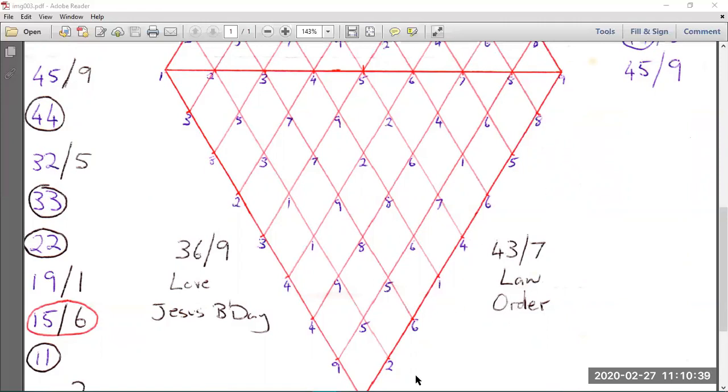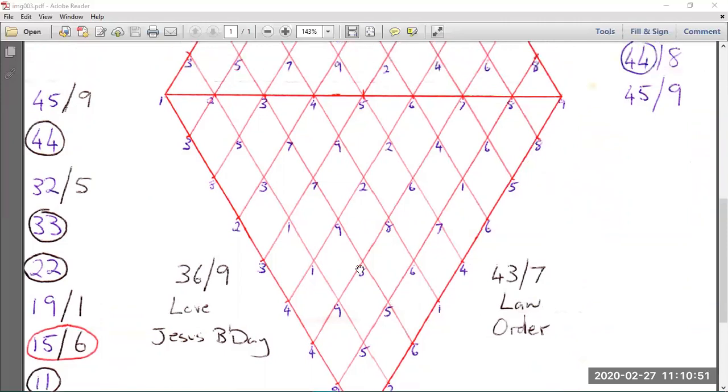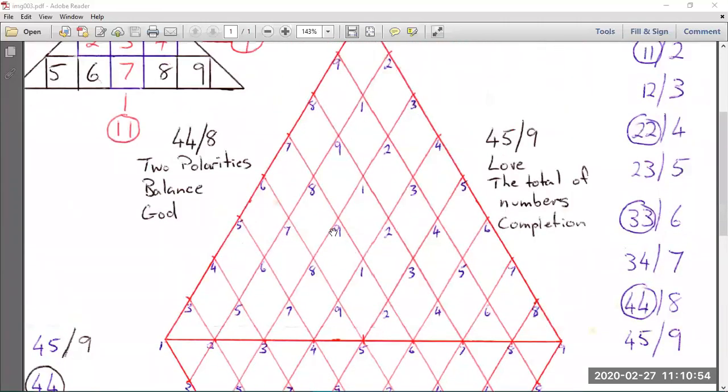This side here adds up to 43, 7. 7 is the number of destiny, law and order. So with law and order and love, the basis of creation from the spiritual realms into the physical, which is your polarities, balance, the God, creation, creative energy, and completion. And we're all here for the completion of the physical, of this stage of physicality, of bringing the heavenly realms into a physical plane, which is what the Lord's Prayer is all about, folks.